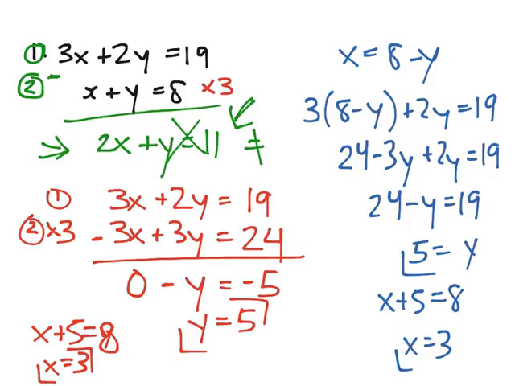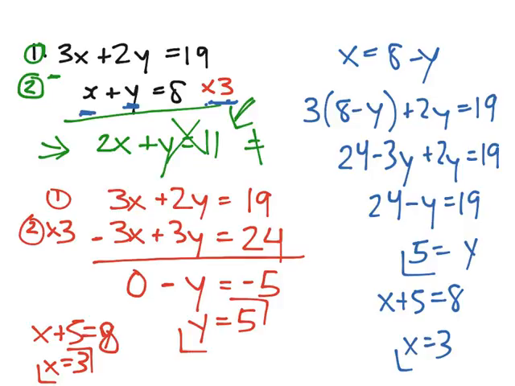So, just to revise elimination, our first step is to choose a variable to eliminate. We choose the easiest one. So here we could have chosen y as well, and y might have been a little easier actually. And then you multiply one of the equations by a number so that when you subtract them or add them to each other, one of the variables ends up becoming 0.